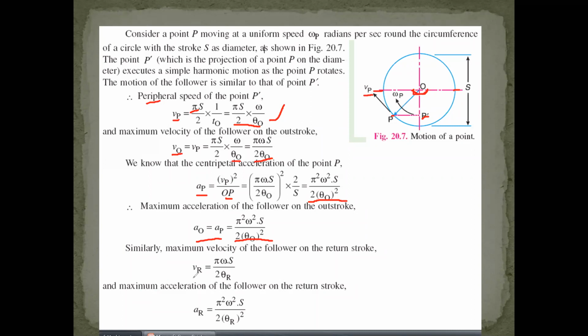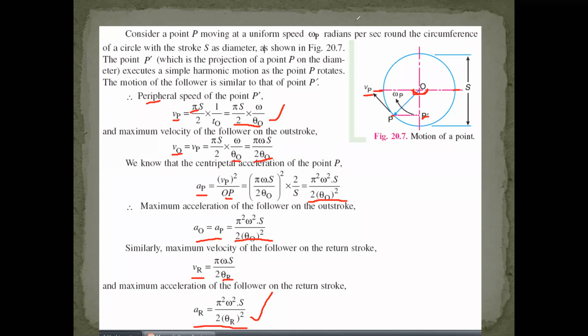So those maximum accelerations and maximum velocities are achieved with the help of this derivation. Similarly, the maximum velocity during the return stroke, V suffix r, is simply obtained by replacing theta naught with theta r: pi omega s by 2 theta r. And the maximum acceleration during the return stroke is pi square omega square s by 2 theta r square. Those are the values we achieve here from simple harmonic motion.